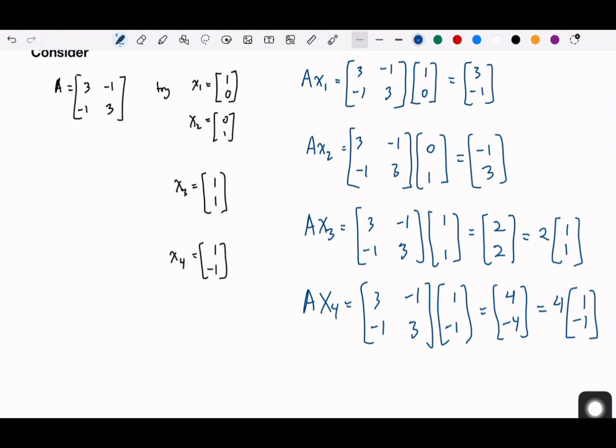Now you see, especially the third and the fourth, what we have here is actually the same vector as we defined in the beginning. This is also the same with x4.